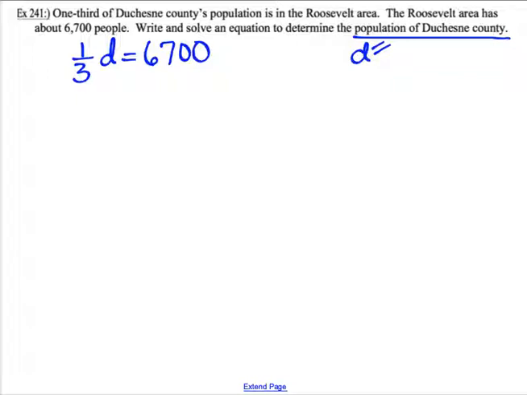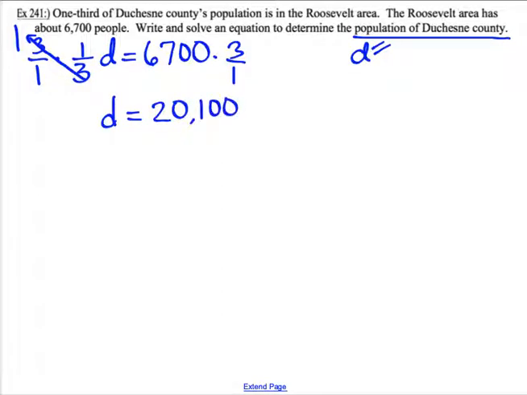We're going to get rid of 1/3, because it's a fraction, we want to use multiplication. We're going to multiply it by 3/1. Over here, it reduces nicely to 1. We get 1D equals 6,700 times 3 is 20,100. So we do get an answer, and we need to write a quick little sentence describing our answer.